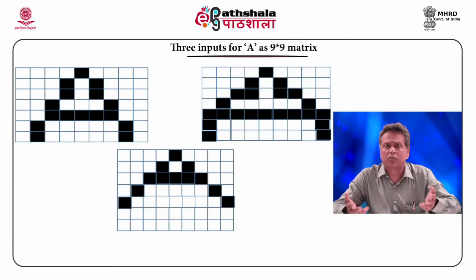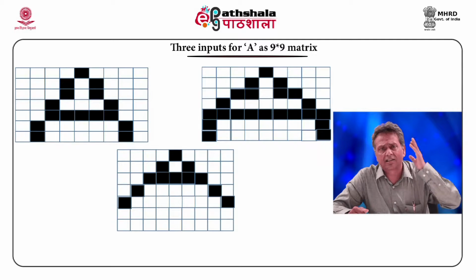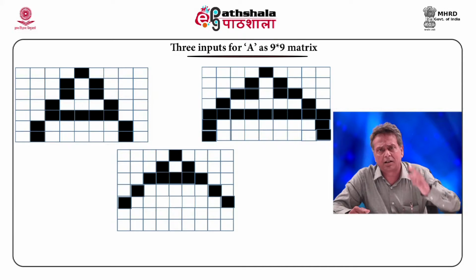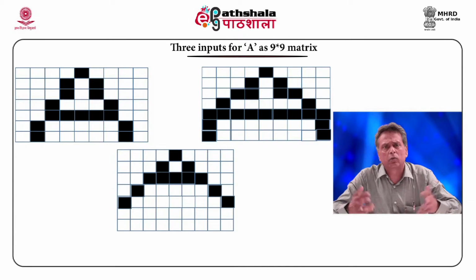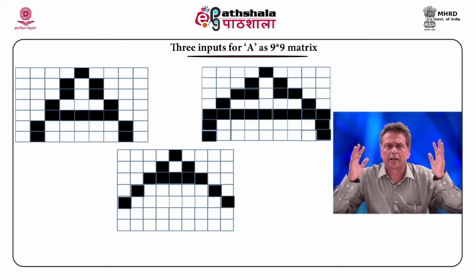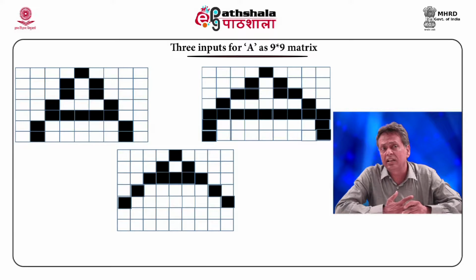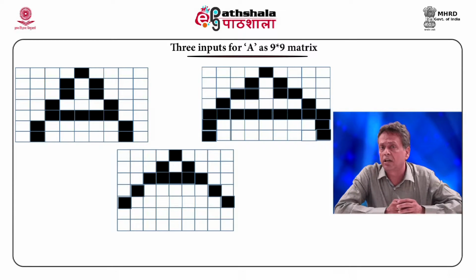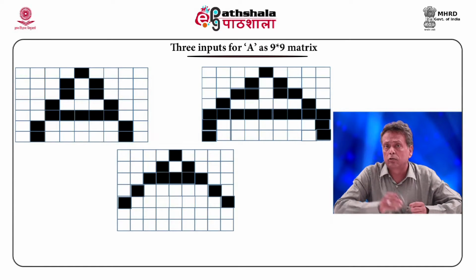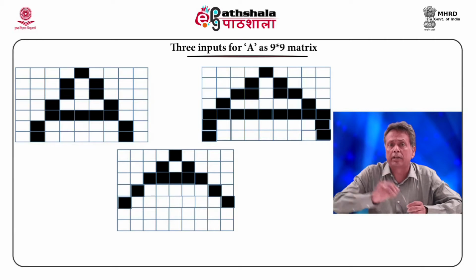In this case, we will have only 81 inputs, since 9 into 9 is 81. In the other case, it is 500 into 500 inputs and so on and so forth. So, the network becomes a little big, pretty complex, but the process is going to be the same. You can see that these 3 A's which are shown here are quite different from each other. They are not the same. These are the A's which are provided to the system.